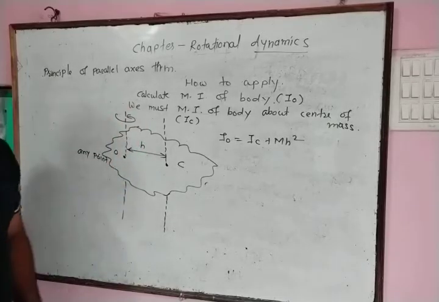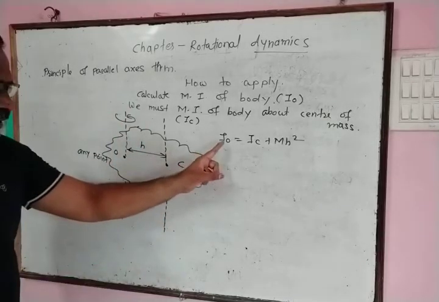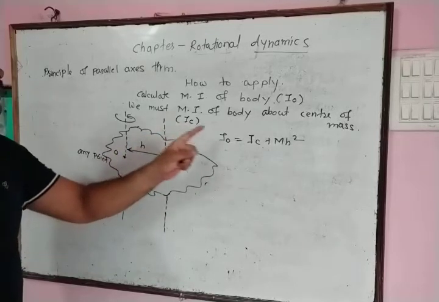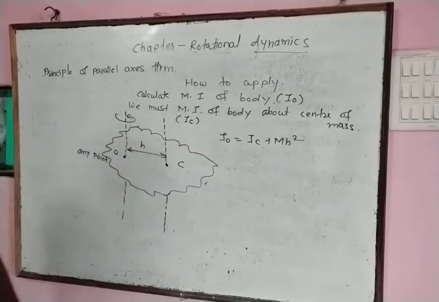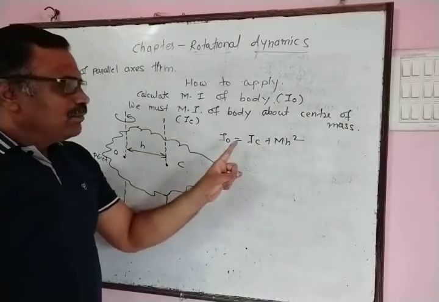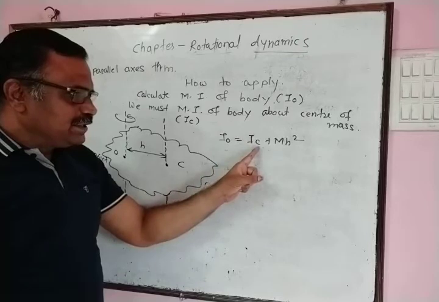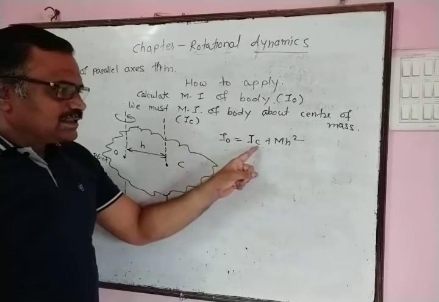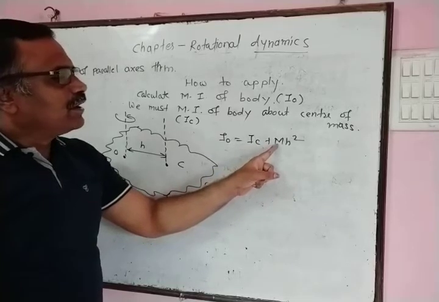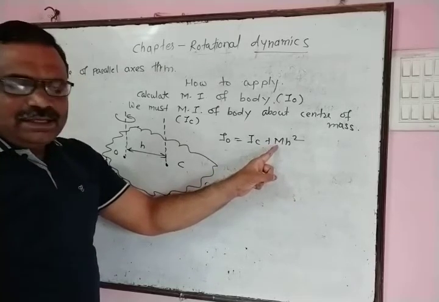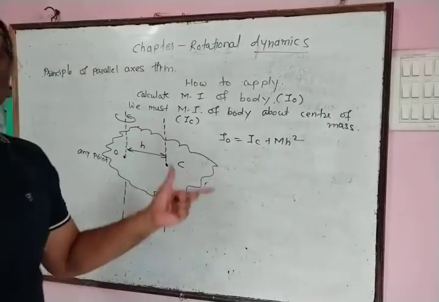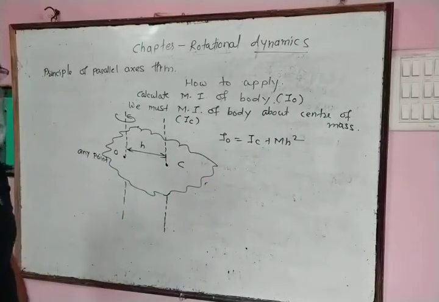According to this theorem, moment of inertia of rigid body about an axis passing through any point is equal to sum of moment of inertia of rigid body about an axis passing through center of mass plus product of mass of body and square of perpendicular distance between two parallel axes.